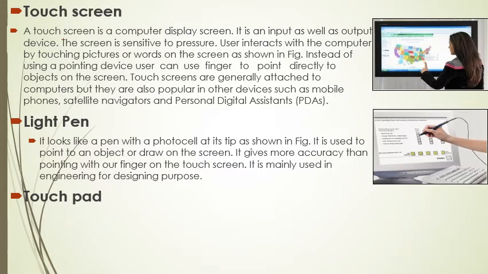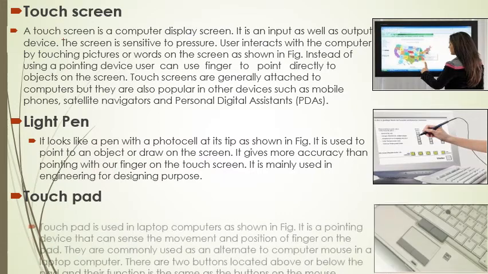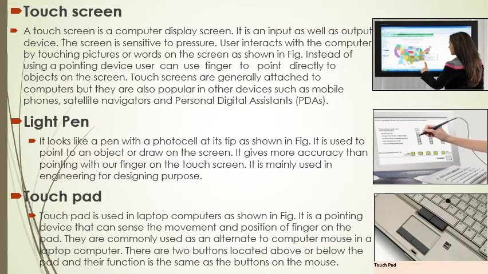Another input device which we are going to discuss is the touchpad. With a normal desktop computer we don't have a touchpad. The touchpad comes with a laptop computer. As shown in the figure, it is basically a pointing device that is used to sense the movement or position of your finger.